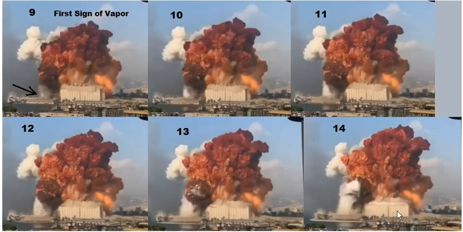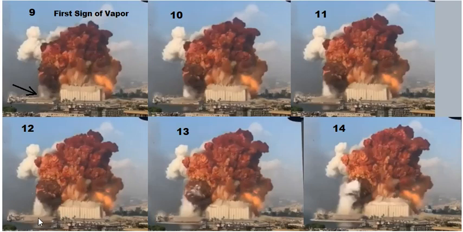So we know here that vapor has come out behind the grain elevators closer to the camera. The actual first sign, and we're going to get to this in another segment, is right in here. That's the first sign of vapor from the ground shock wave. I'll explain that a little better later on.